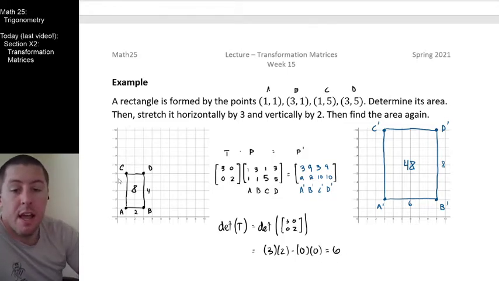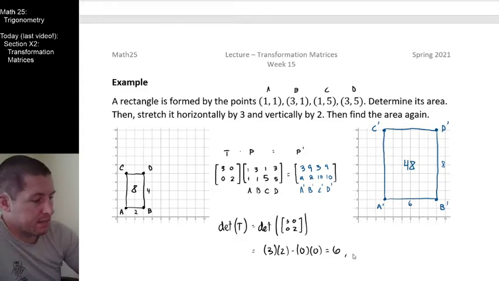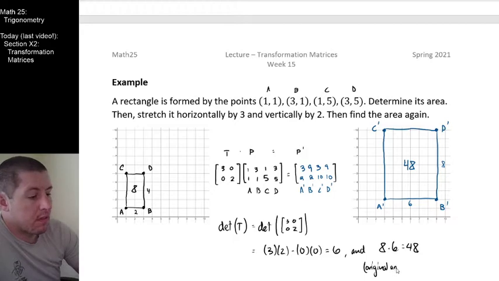And you should notice that our area started at 8, and 8 times 6 gave us 48. It seems like the original area times the determinant of the transformation matrix equals the new area.